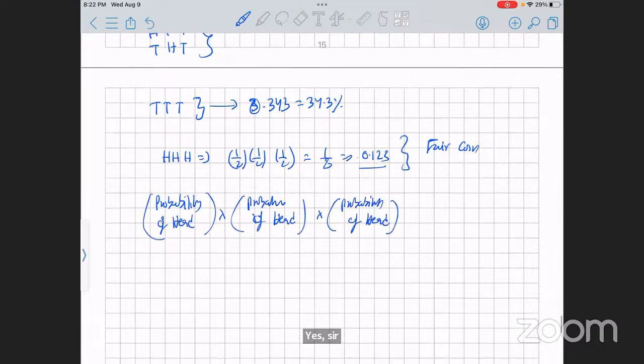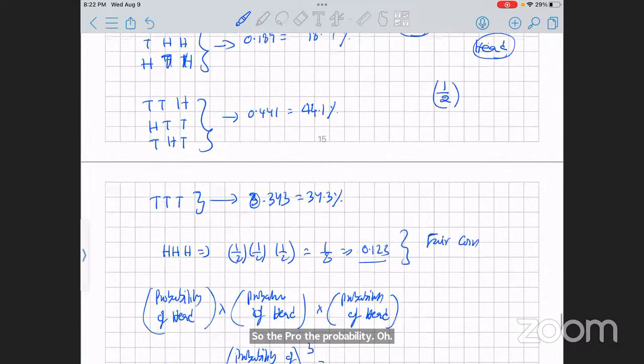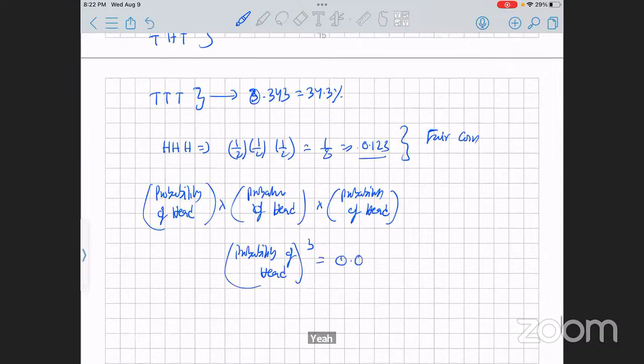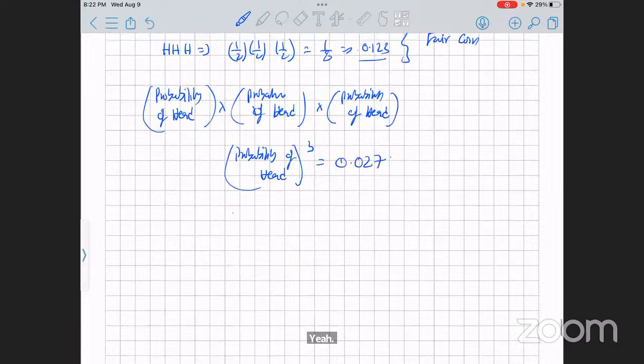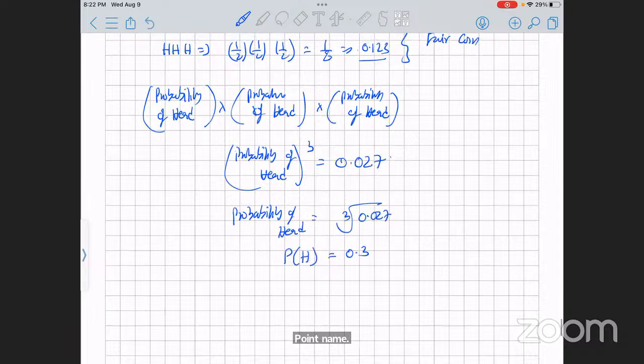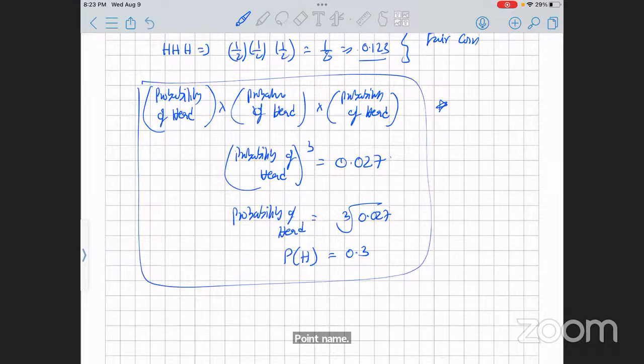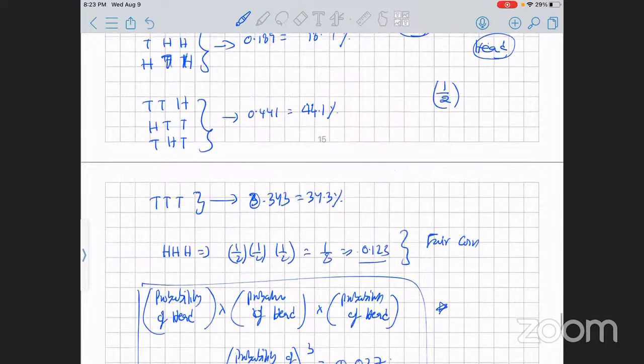So that equals probability of head whole cube equals 0.027. So probability of head equals cube root of 0.027, that equals 0.3. P of head is 0.3. Clear?